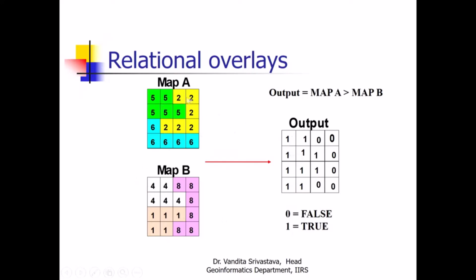But wherever it is not true, like here, this is 2, this is 8, so this condition is false, so you get a 0. You get a Boolean output as an outcome of these relational and conditional operations. You can also include fuzziness in nature by having some more data values. You will have to have a layer of values in that case.